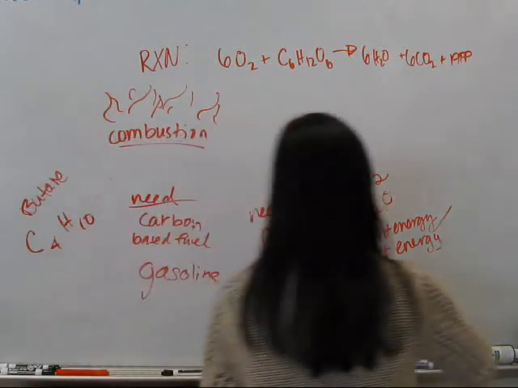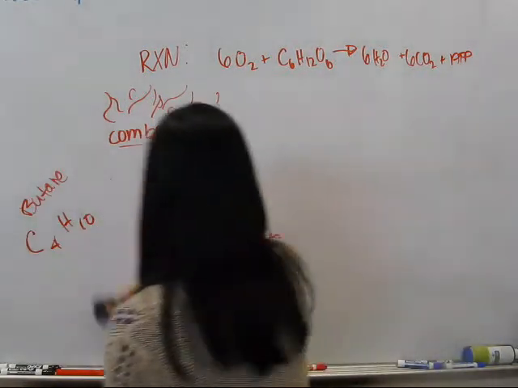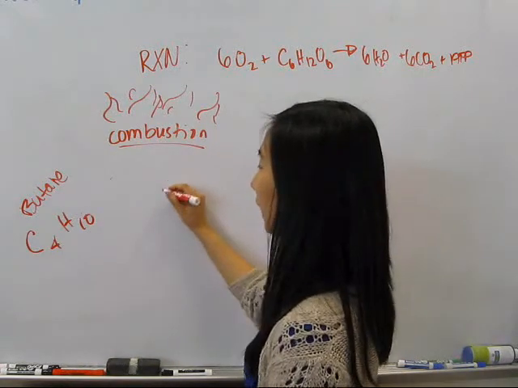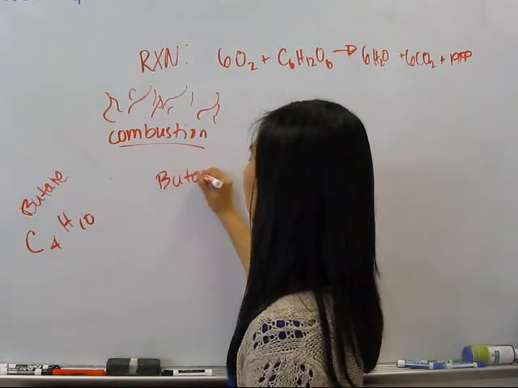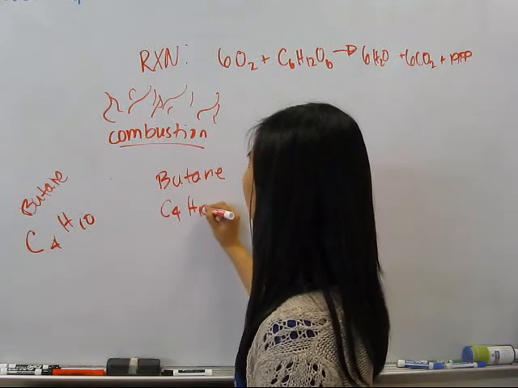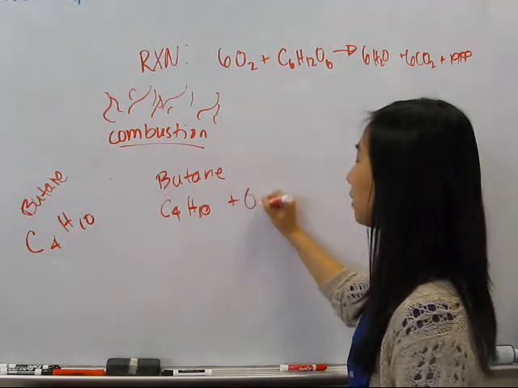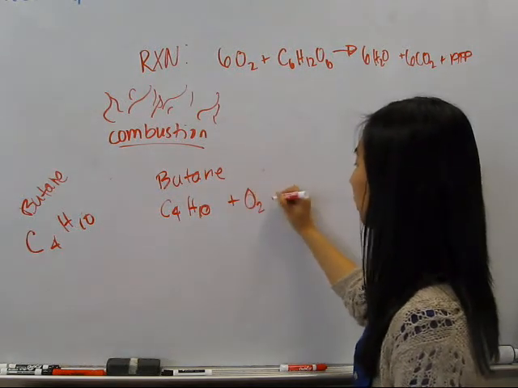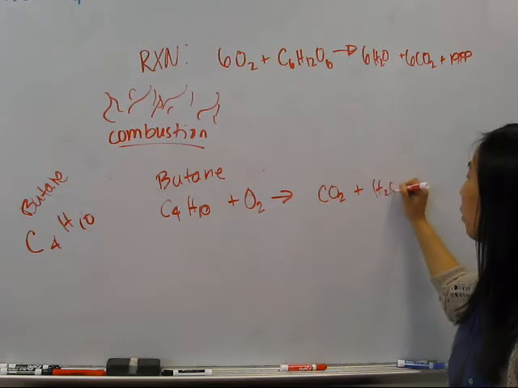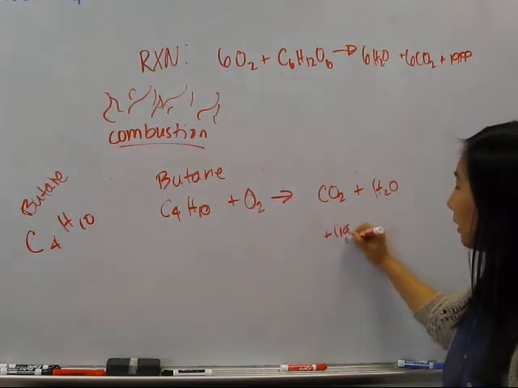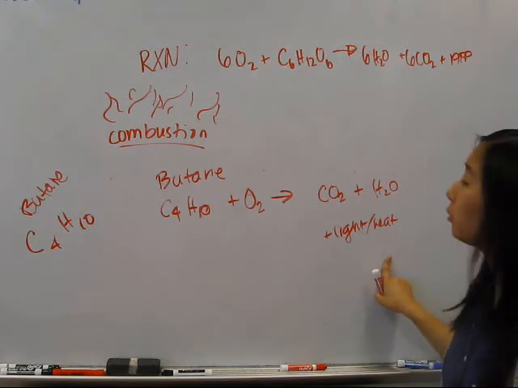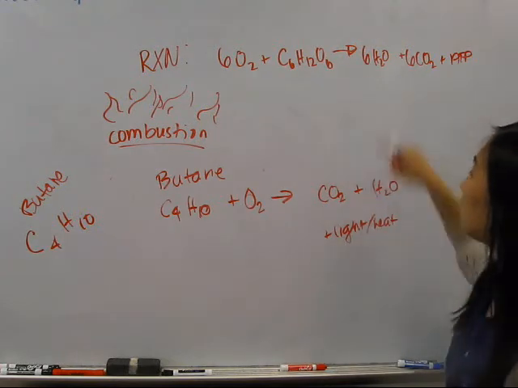So remember, if I write this as a chemical reaction, butane, C4H10 plus oxygen leads to carbon dioxide and water and light/heat energy. You need to be able to compare and contrast these two equations.